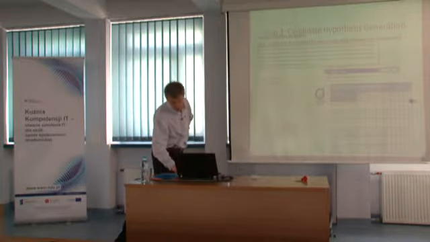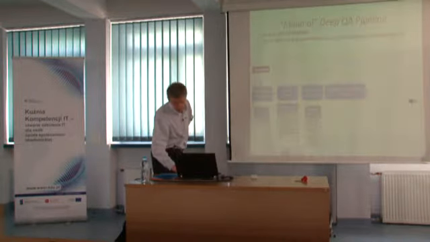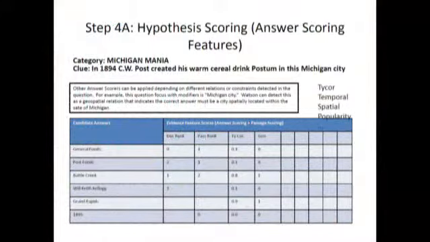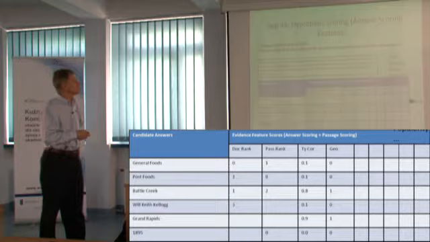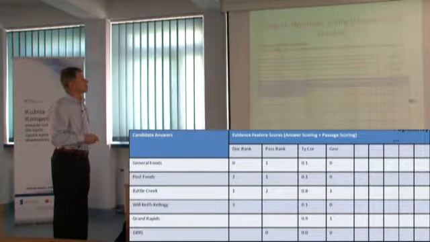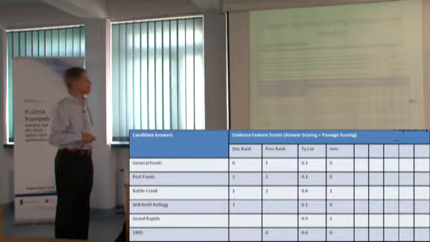But we are not done yet, because we know that we are looking for a city. So now we apply other answer scorers. We apply type coercion, so we're going to try to see if any of these could be understood in the meaning of city or Michigan city. So could General Food be a city?